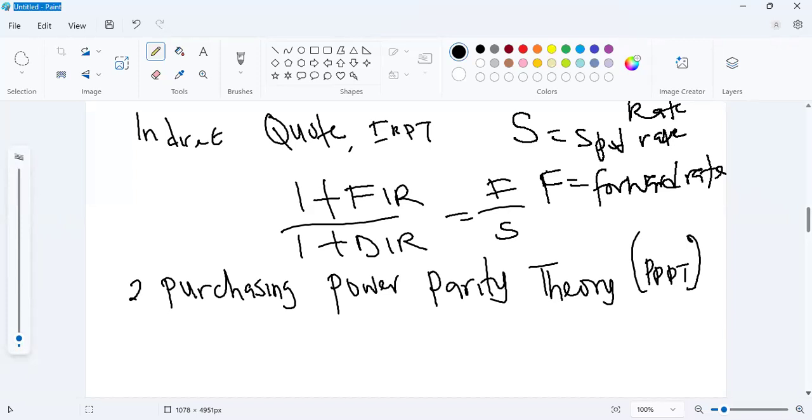So if we know the inflation between two countries, and we know the spot exchange rates, then we can determine forward exchange rates.